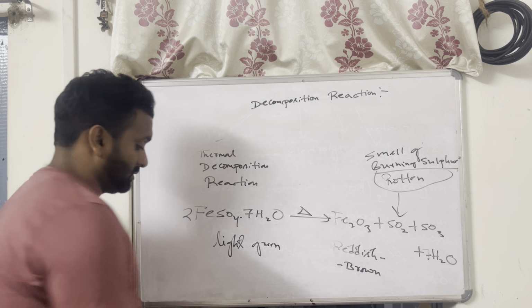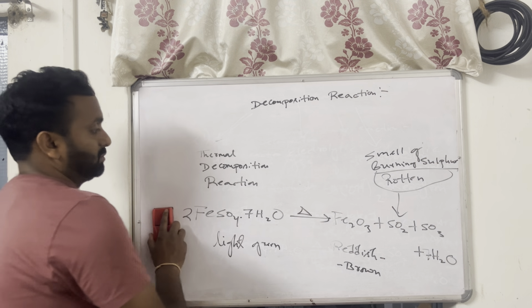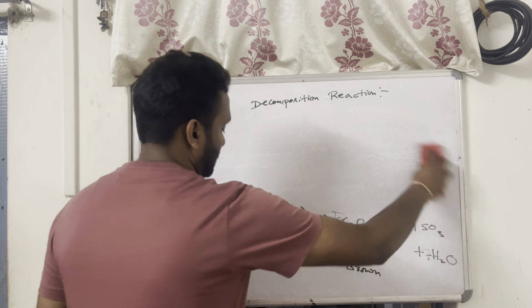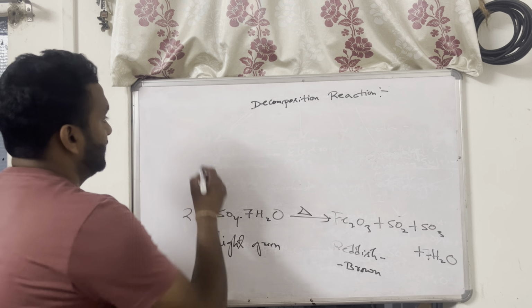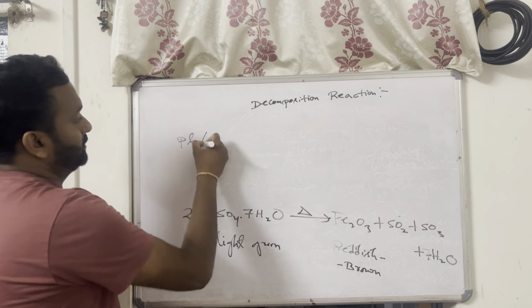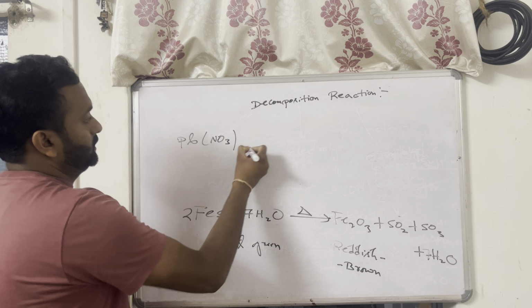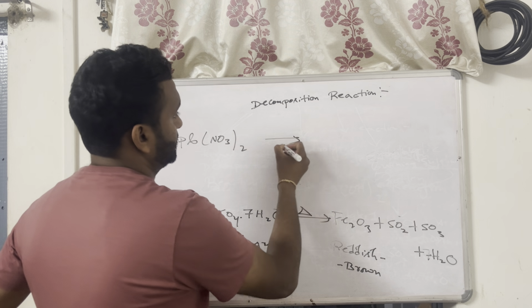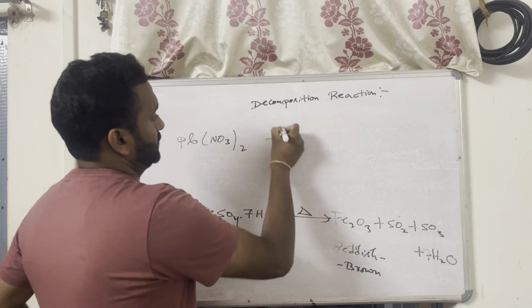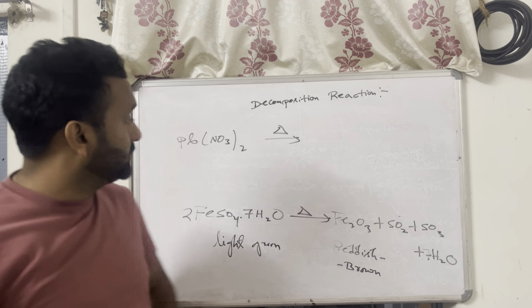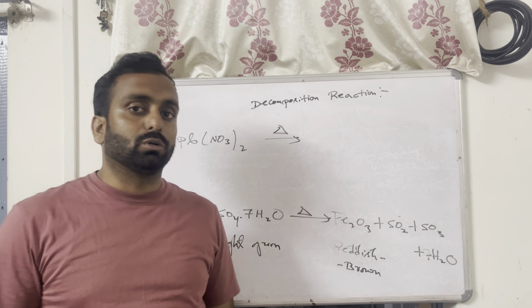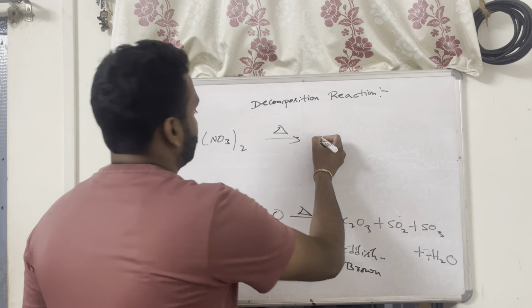There is one more classical example of thermal decomposition reaction which you should know. When lead nitrate, Pb(NO3)2, is heated, this is also a very favorite of examiners. Just remember what things are formed.